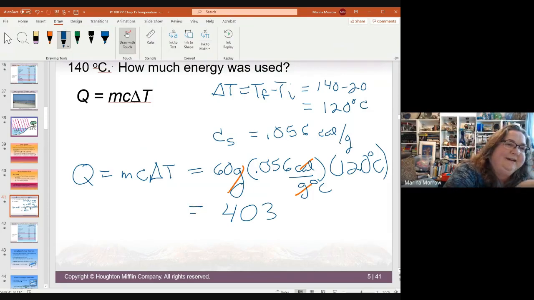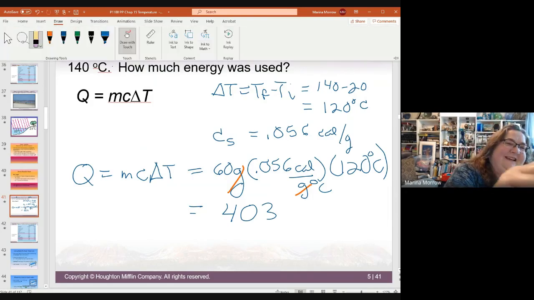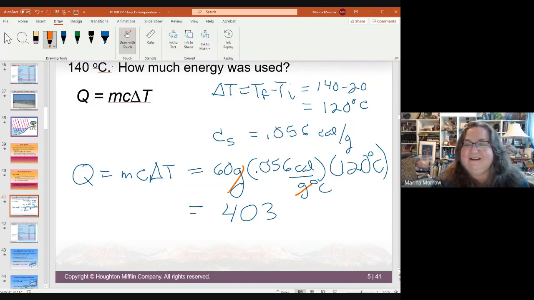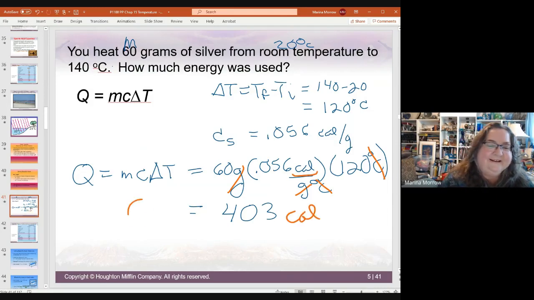Take that back. Let's see. I'm going to erase that line, hopefully. All right. So going back here. Okay, grams cancels grams. And degrees Celsius cancels degrees Celsius. And I'm left with calories. All right, because we want to have heat energy in calories. Okay, so there we go.